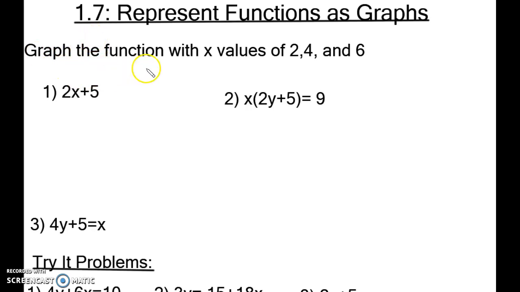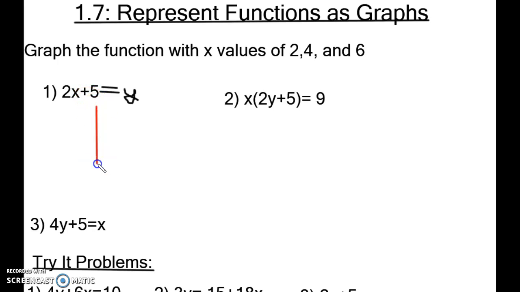They say graph the function with x values of 2, 4, and 6. And they give us a few equations here. So this should be equal to y. They say y equals 2x plus 5, right?